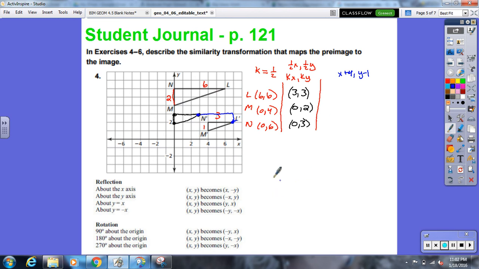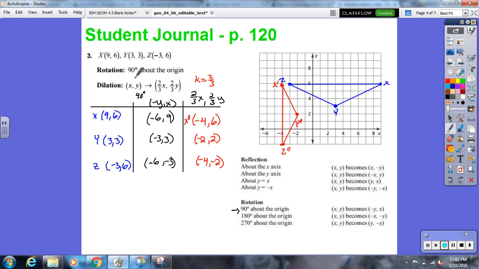So when I'm trying to describe it, you can look back at this for an example. If you look at how they listed this, they show the rule for dilation, they describe the rotation in words, and if it's a reflection, in words such as about the y-axis or the x-axis, you could go ahead and write that down.